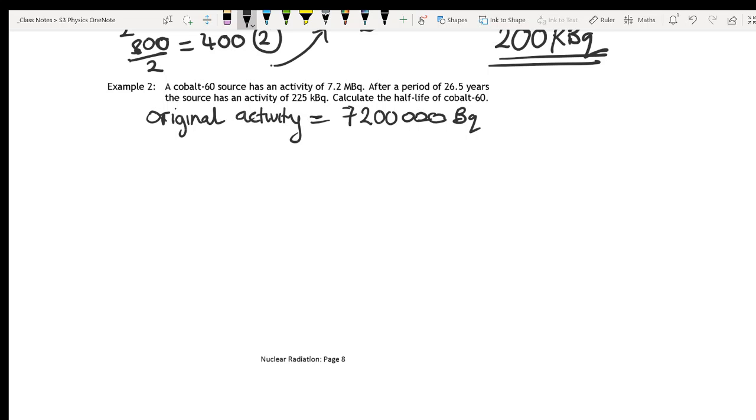Okay, so if you have got two different units, make sure you put them all into the same unit. So you could put them both into kilobecquerels if you prefer, but I'm just going to put them all into becquerels. Okay, and after 26.5 years, we have 225,000 becquerels.